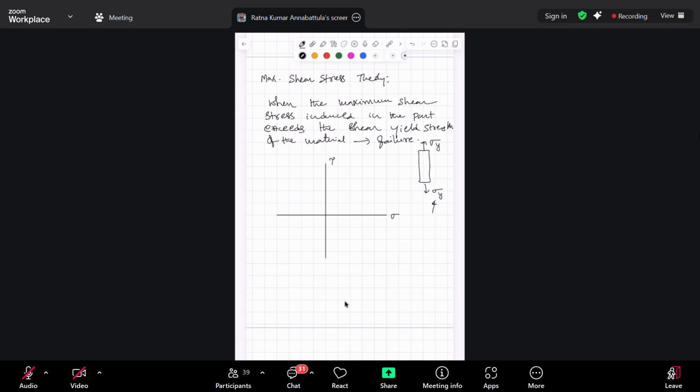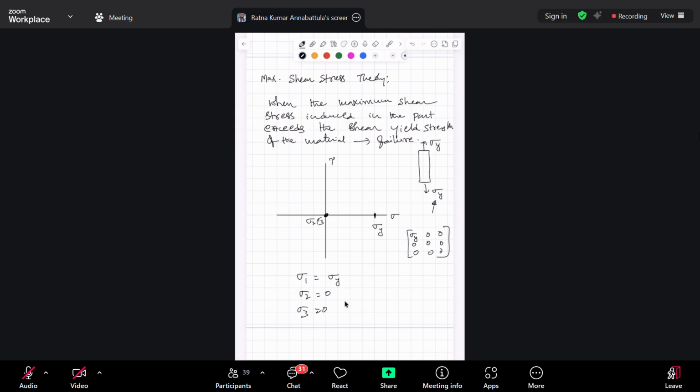Corresponding to this, the stress state will be sigma y, 0, 0, and so on. So sigma 1 is equal to sigma y at yielding, sigma 2 is equal to 0, sigma 3 is equal to 0. This is sigma 2 comma sigma 3.